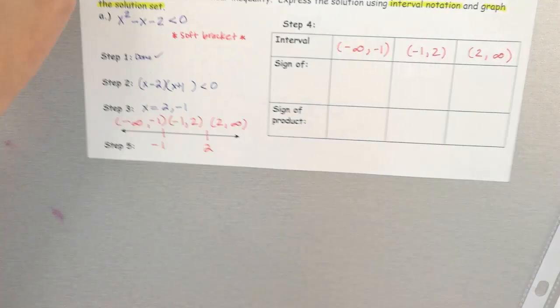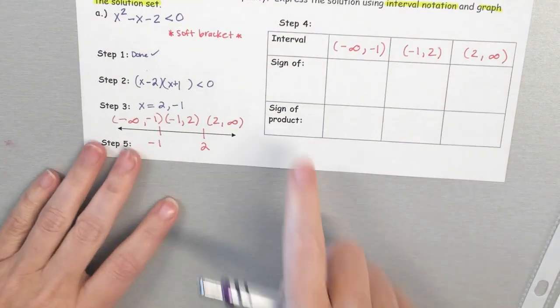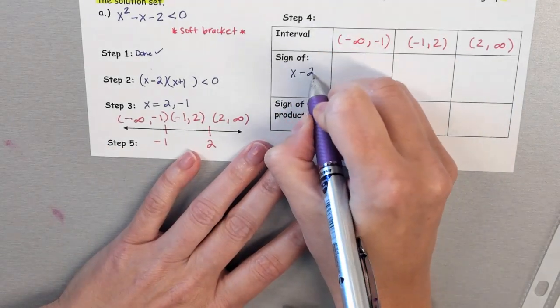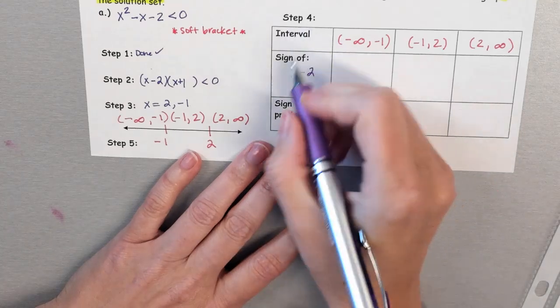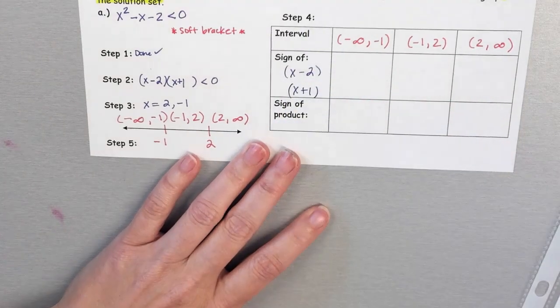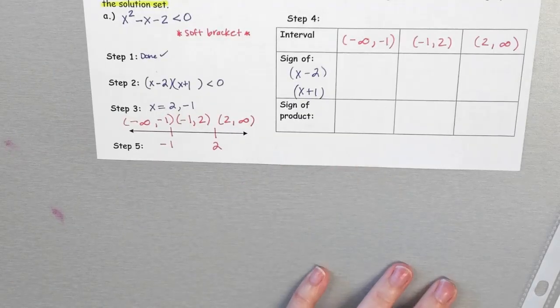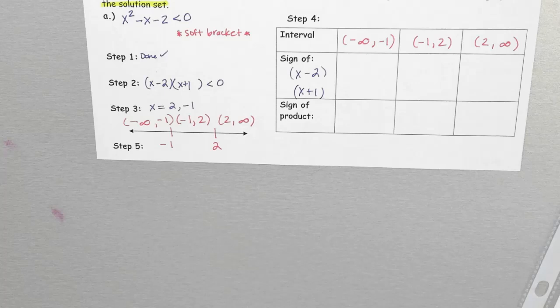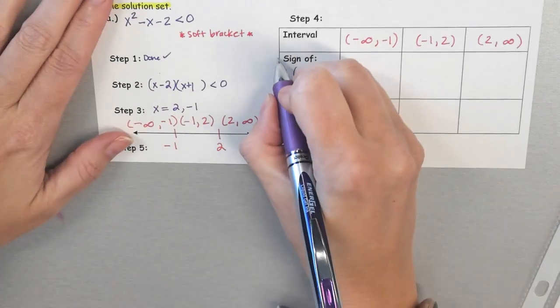Okay, and then what we're going to do is find the signs of our 2 factors. So our factors are x minus 2 and x plus 1. You don't have to put the parentheses there. In fact, I'm going to stop doing it in the next one. But this is where your factors are going to go.